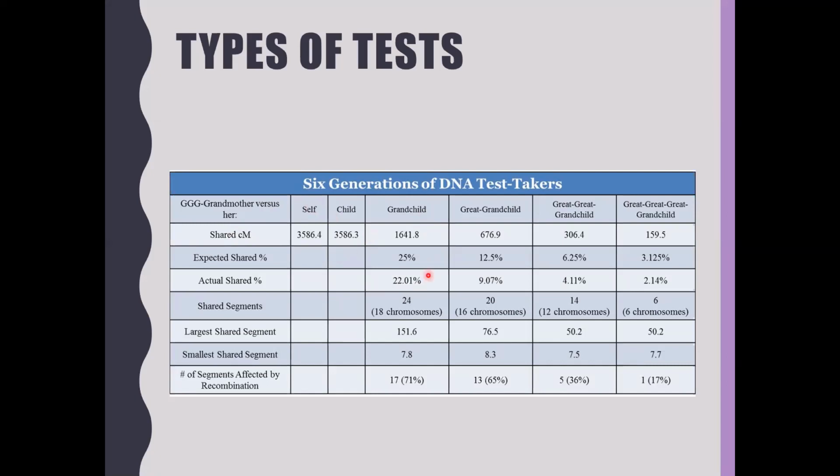So the reality is it's 22 to 27% per grandparent, but it'll add up to 100%. The great-grandchild gets an 1/8, and then 16th and 32nd.